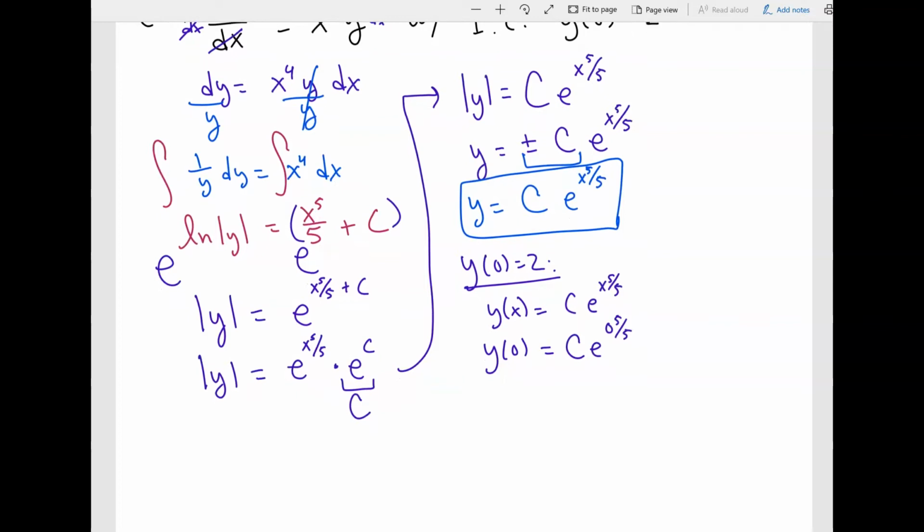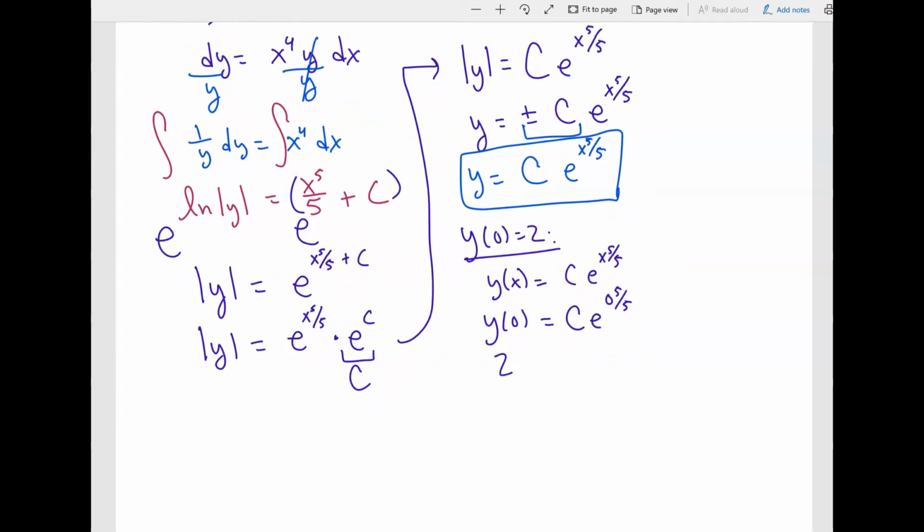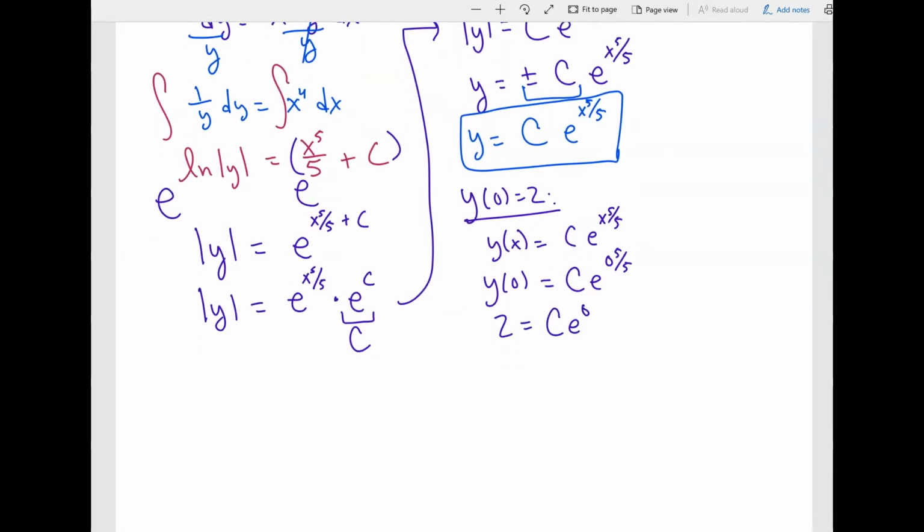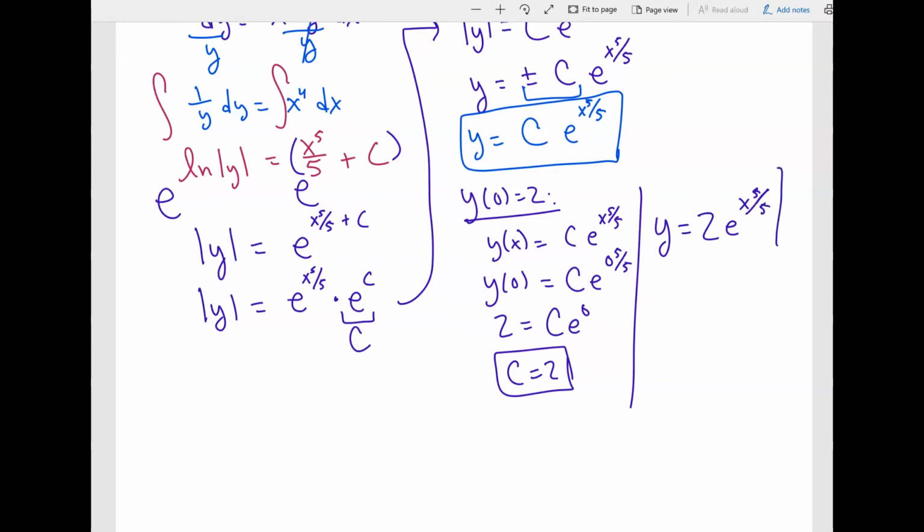We know that y of 0 is equal to 2, c e to the 0 power. E to the 0 power is just 1. So that means c is equal to 2. So my particular solution is y is equal to 2 e to the power of x to the 5 over 5. Okay, and that's going to be my solution.